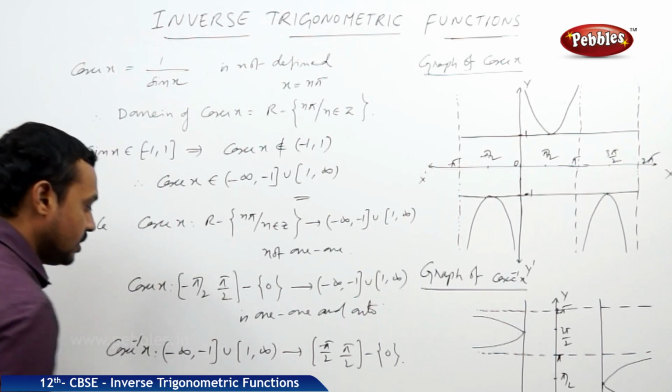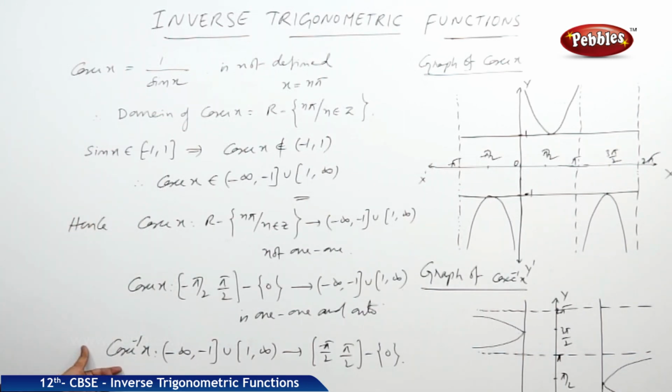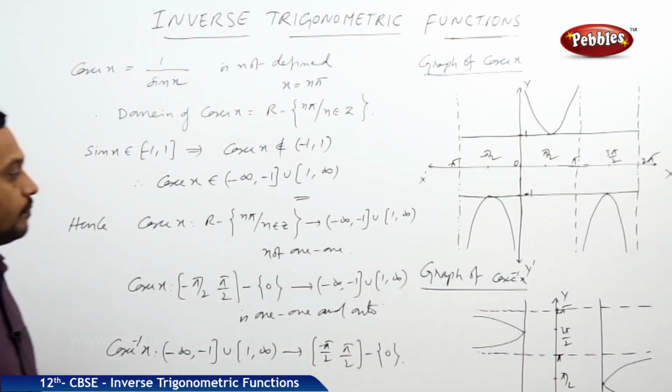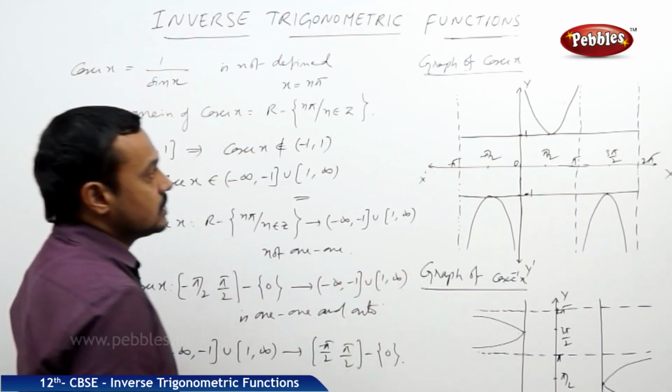It is the inverse function of cosecant x, also known as arc cosecant x.